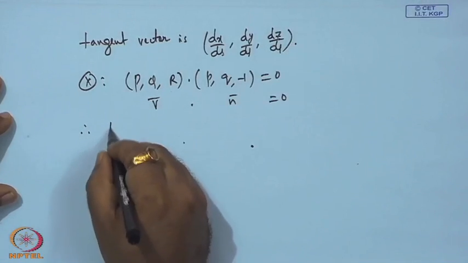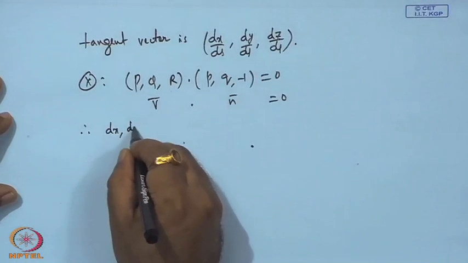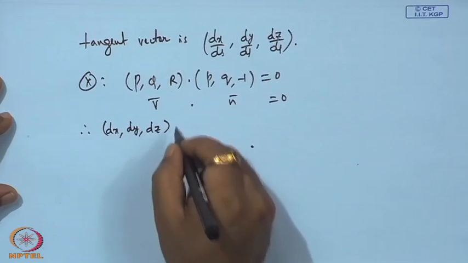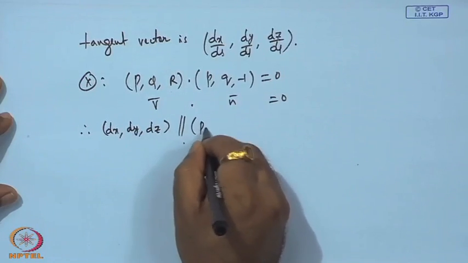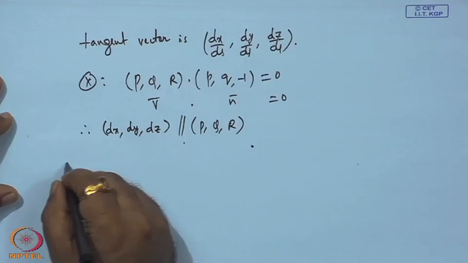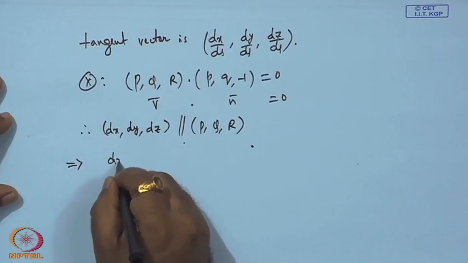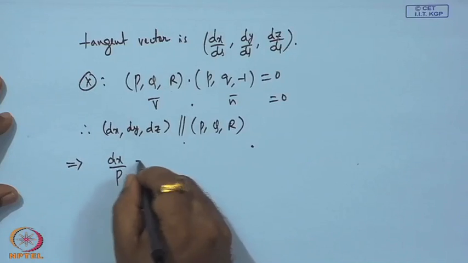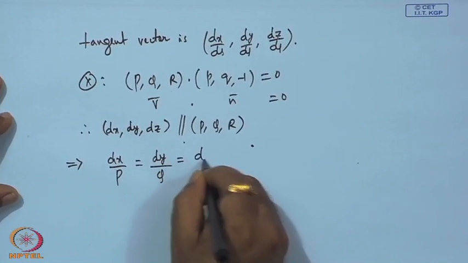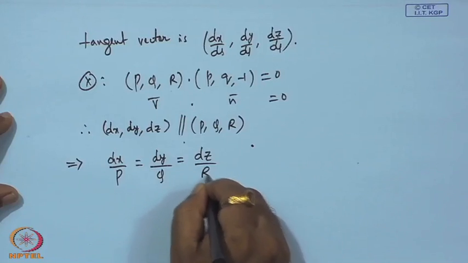So, therefore, dx, dy and dz is parallel to PQR. Okay. So, this implies dx by p equals dy by q equals dz by r.